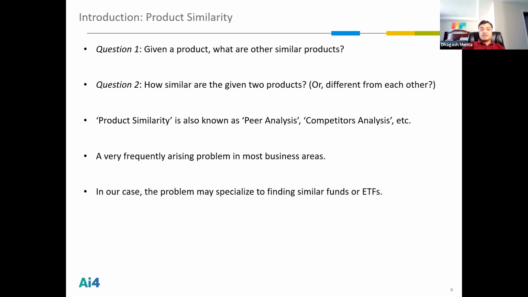So when I say product similarity, I'm interested in the similarity of mutual funds. Given a mutual fund, can I come up with the top 10 most similar mutual funds or ETFs? And if I have two mutual funds, can I compare them side by side with a specific strategy, specific methodology, and some quantitative measurement?